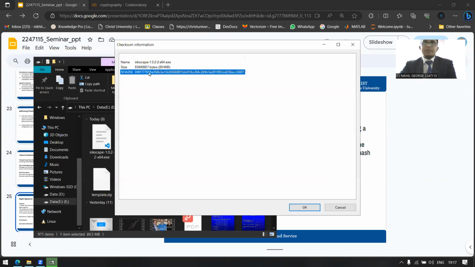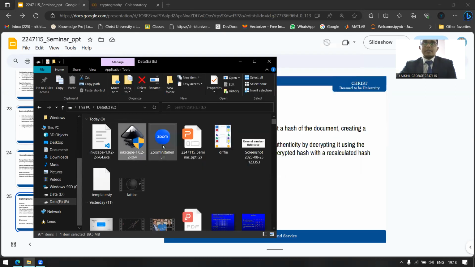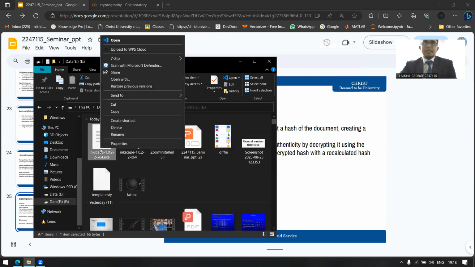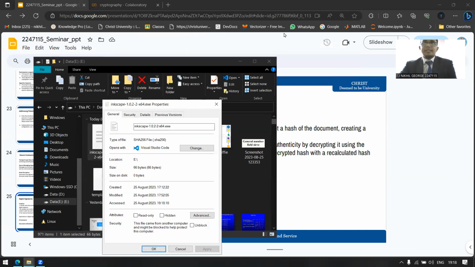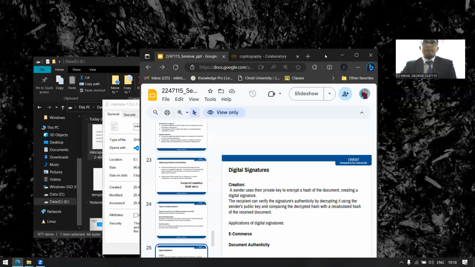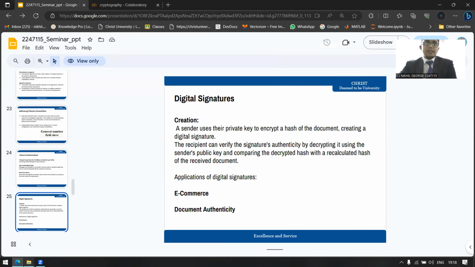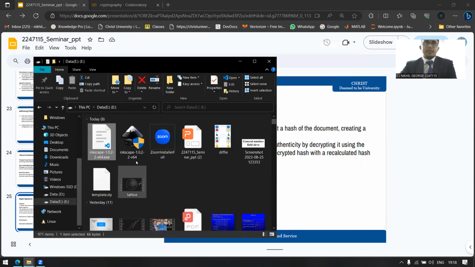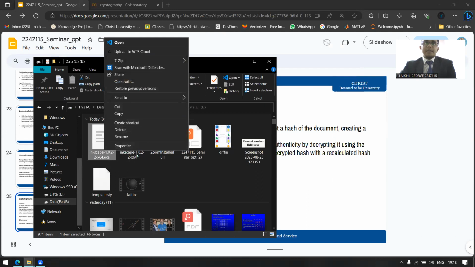Okay, so this you see is the key of the file. It's a digital signature basically. And now when I downloaded, along with that, I downloaded the SHA which was given on the website. As you can see, okay, I'll just tell you that this is the key which came along with it.